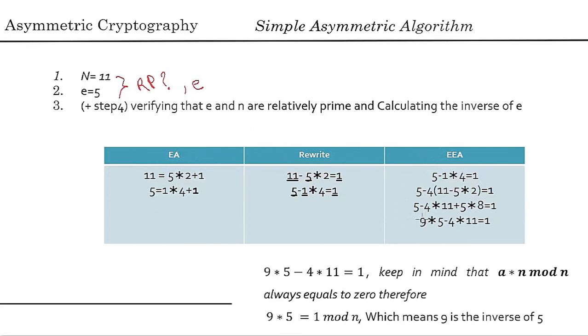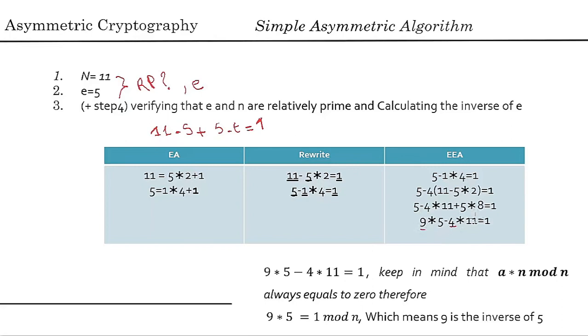We find out that using the extended Euclidean algorithm, remember, it will help us find the two numbers such that 11 times s plus 5 times t is equal to 1. We find out that 9 is s and 4 is t.